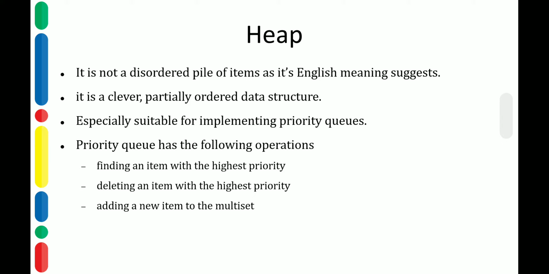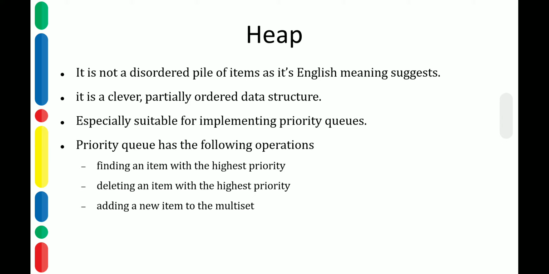Coming to the definition of the heap, as the English word suggests, it is a pile of items, but it is actually not the case. Rather, it's a clever, partially ordered data structure. We will try to understand what we mean by a partially ordered data structure.